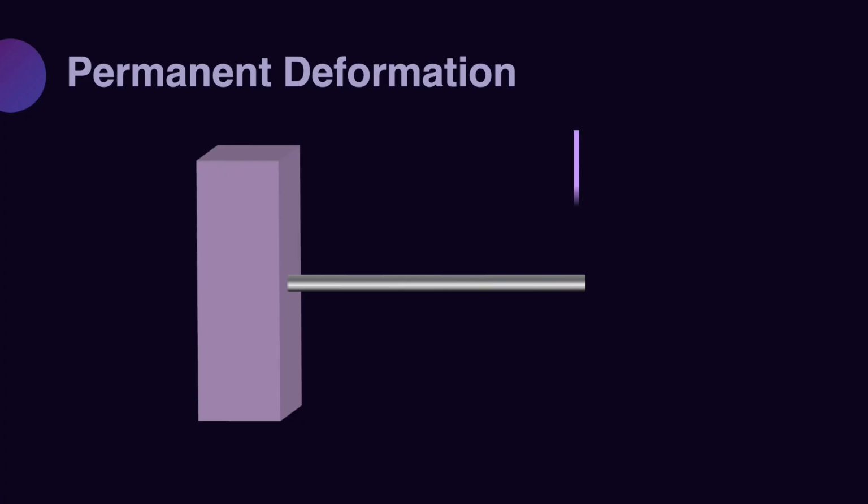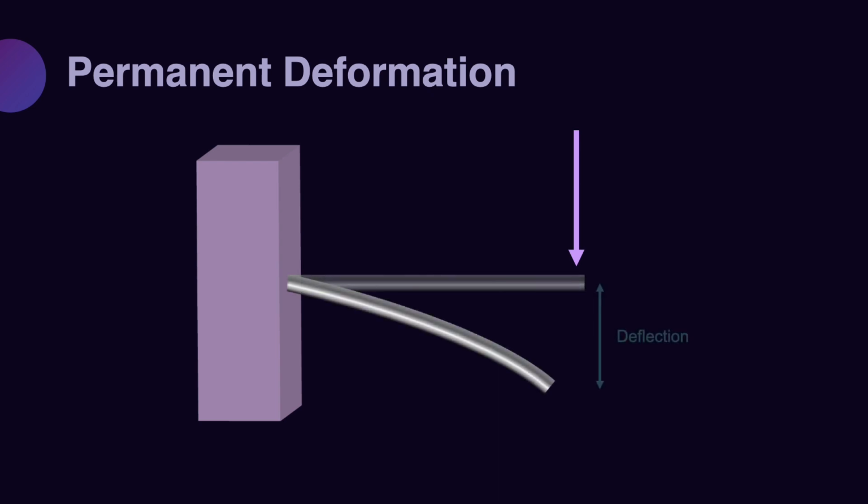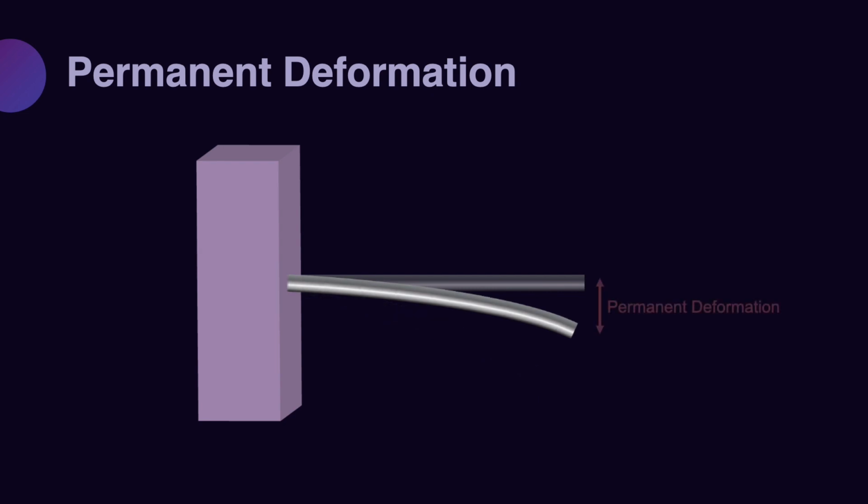If I continue this exercise, I reach the point when I increase the magnitude of the force and I remove my force, the wire does not go back to original position and accepts some permanent deformation. If I continue to increase my force even more, you see that this permanent deformation increases to the level that if I remove my force, the amount of recovery of the wire is very minimal.